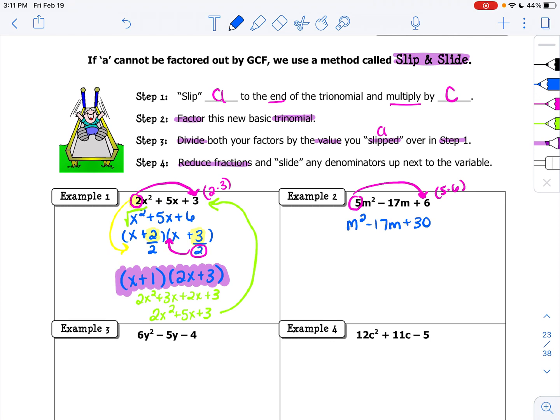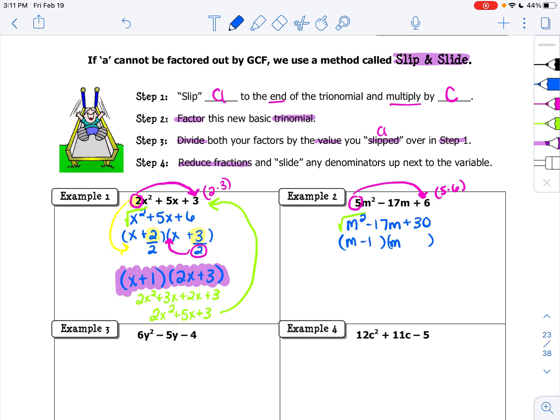Next, we're going to factor this trinomial as a basic trinomial. Setting up your binomial, the square root of m squared is m, and I need two numbers that multiply to give me 30 and combine to give me negative 17.